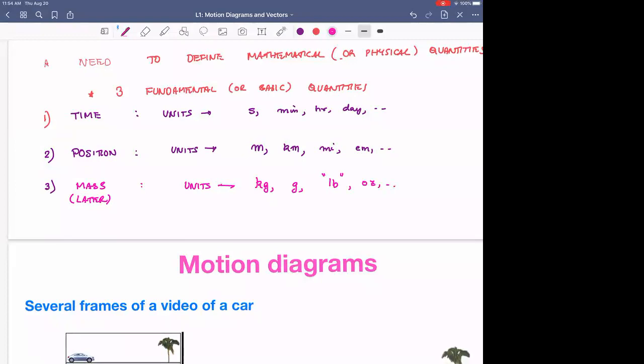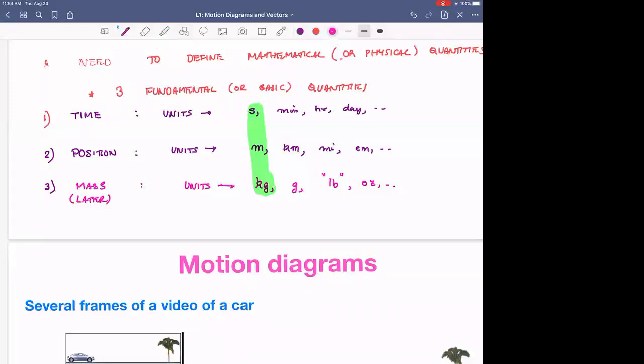Now, one can choose any set of units to measure these quantities, but we just decide on a convention, a standard set of units. So we just agree upon a standard set of units. And in the physical sciences, the preferred set of units are these: time measured in seconds, position in meters, and mass in kilograms.